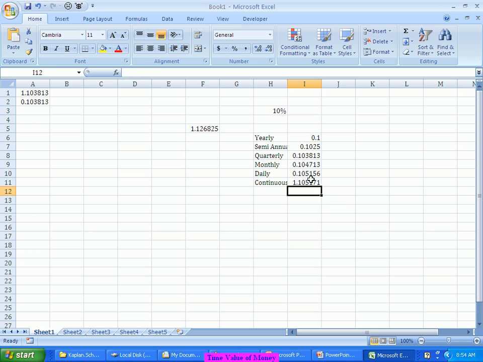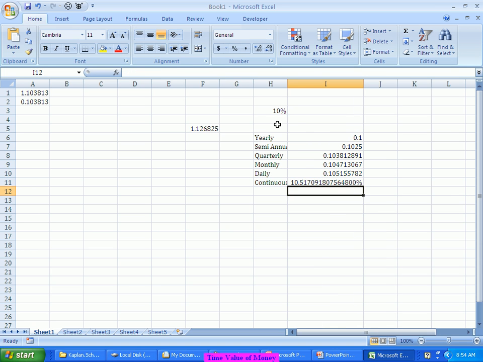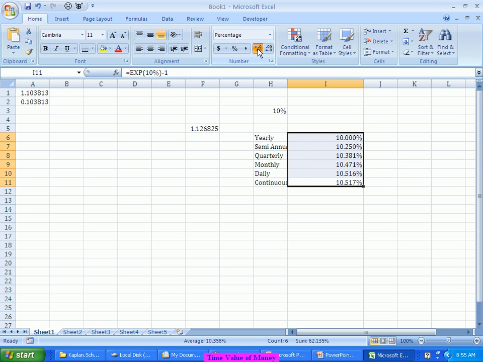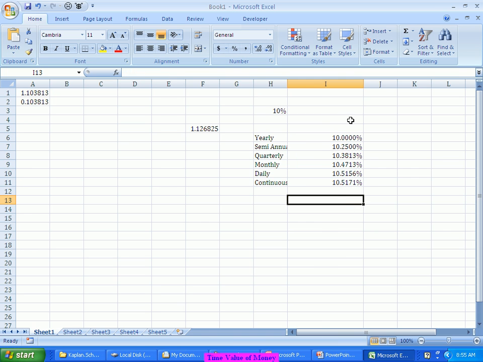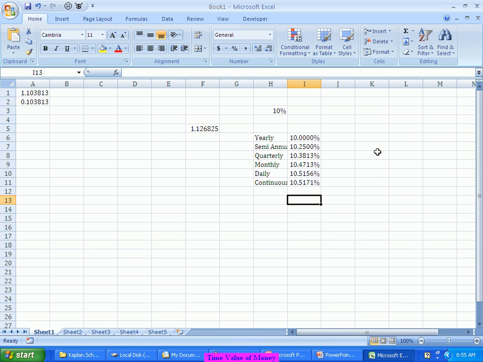So you see the difference is very, very minute. Between daily compounding and continuous compounding, there is hardly much of a difference. You see that the differences are like this. 10.5156 is here, 10.5171 is here. Because daily is almost like continuous, right?